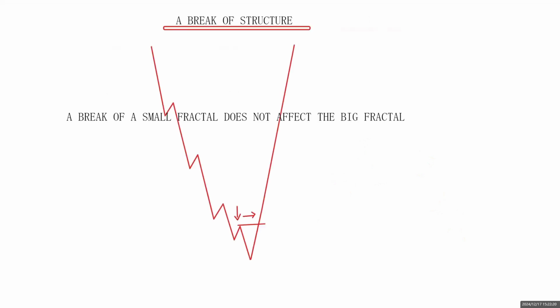If we see price make structures like this, these are small fractals. Or let's do it this way: price started from big fractals, then we see price make small fractals. We are talking about the first rule, which states that a break of a small fractal does not affect the big fractal.